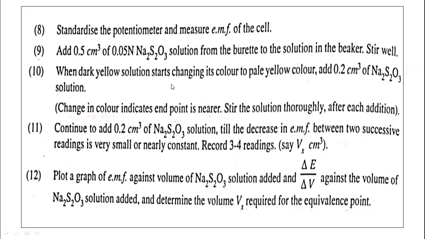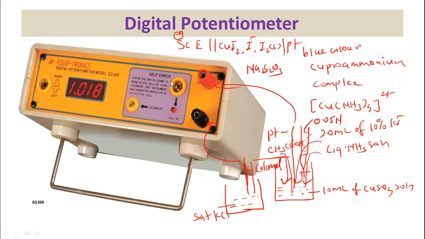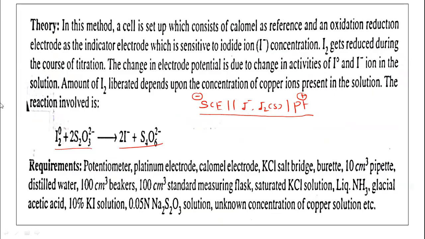The dark color is due to the I2 which is formed there, and that I2 reacts with sodium thiosulfate solution. You can see this reaction shown here. I2 is reacting with sodium thiosulfate solution and there is a formation of the iodide ion. Due to the presence of the I2 in the given solution, the color becomes dark yellow.